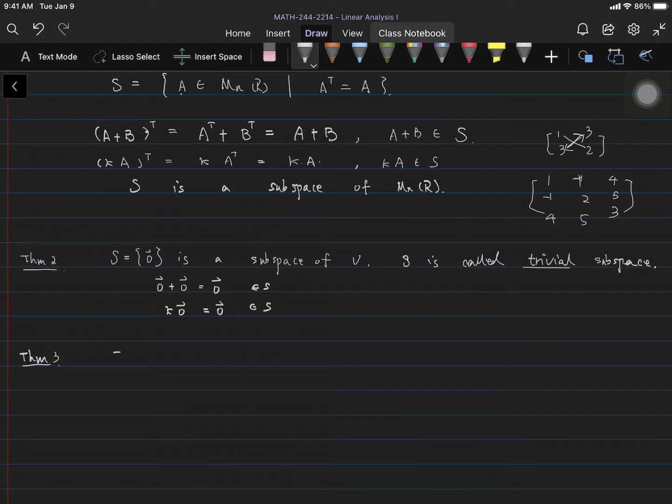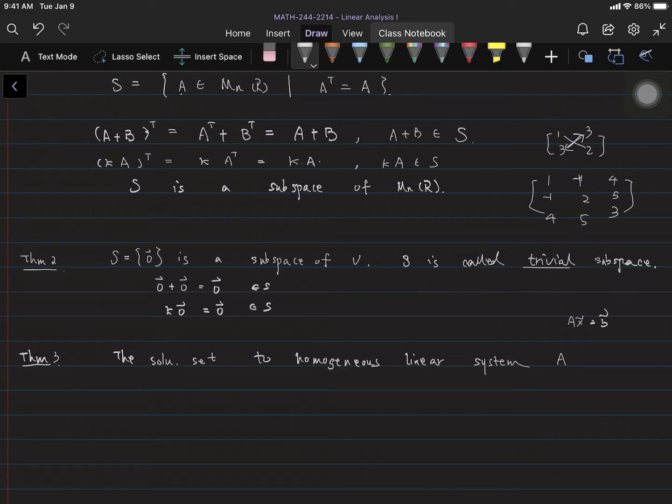Right, now let's take a look at another theorem, Theorem 3. So the solution set to the homogeneous linear system. I can write down a little more just in case you forget the definition. A linear system is AX equals B, right?